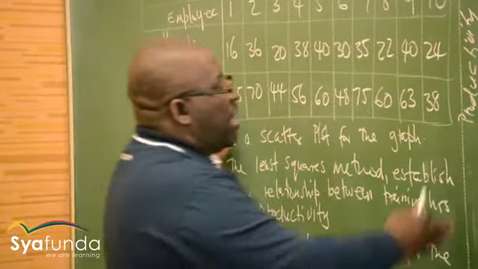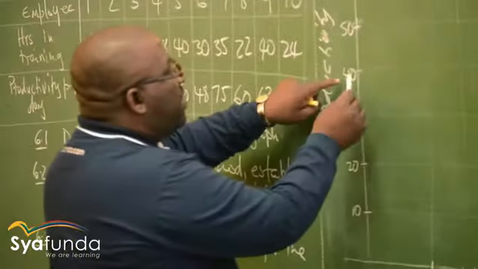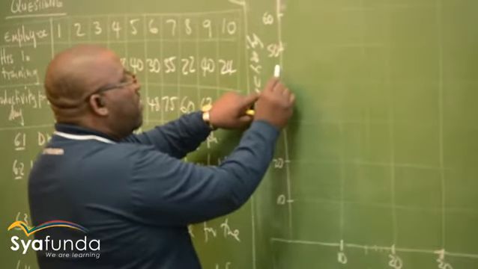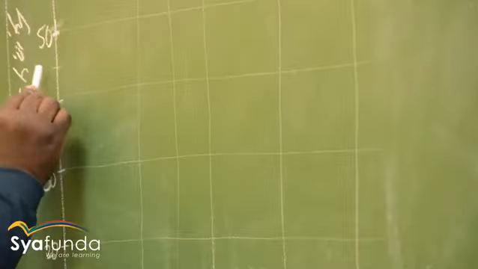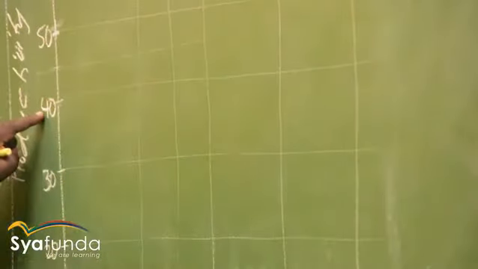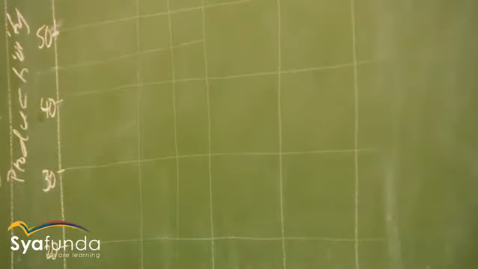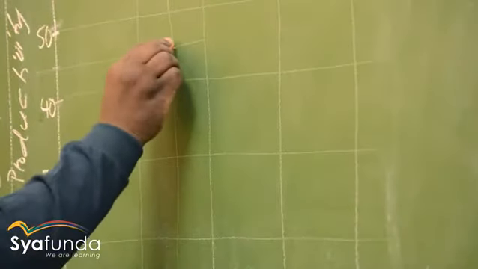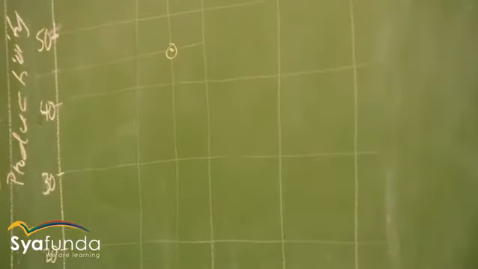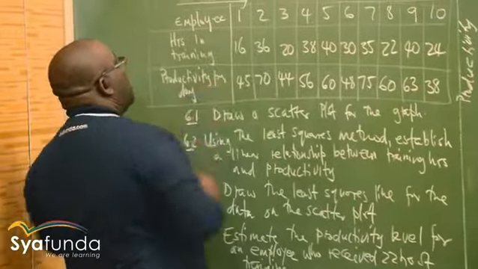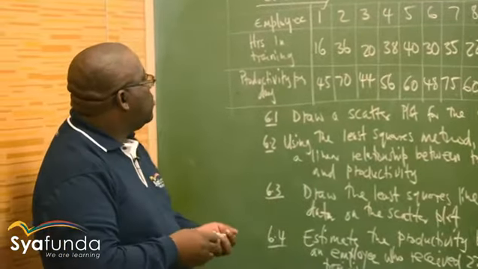We go to the productivity side and look for 45. If this is 40, 50 is there, so 45 must be somewhere in between. This gives me my estimate. Just put it here. This is the first point. This one is done. Let's move on to employee number 2.